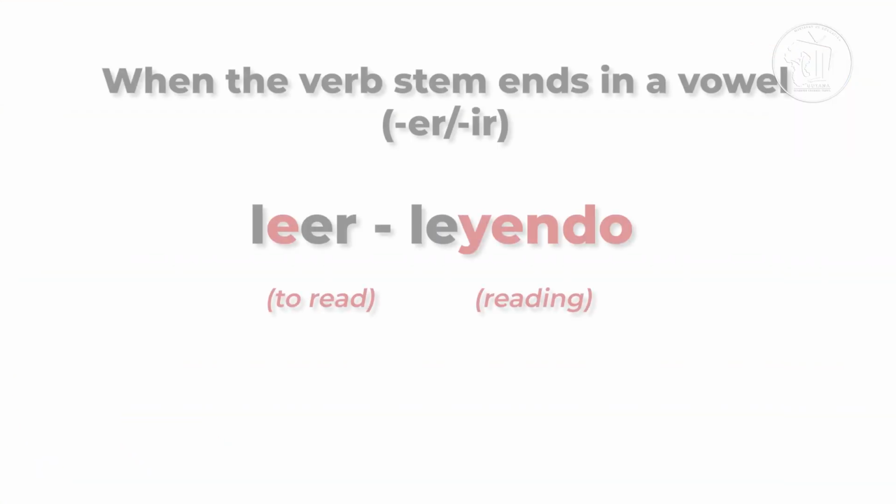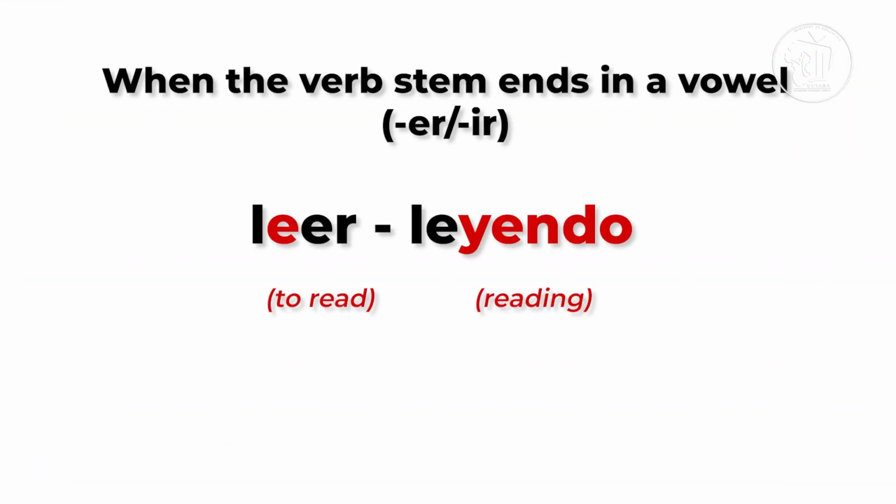There are, of course, some present participles which are irregular, and as with all irregular verbs, these exceptions must be learned. When the verb stem ends in a vowel, that is for ER and IR verbs, we have an example here, leer. Leer means to read. So as you can see, it's an ER ending verb.